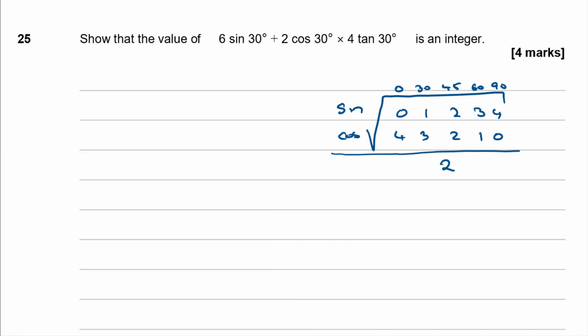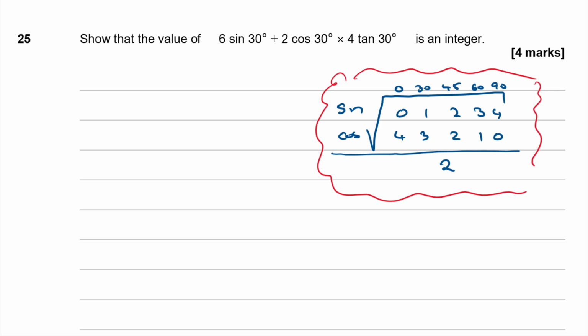Now this is just a super handy shrink-rayed version of all the different values that you need to learn, and if you can remember this structure and how to use it, you can find all the values that you need for this exam.